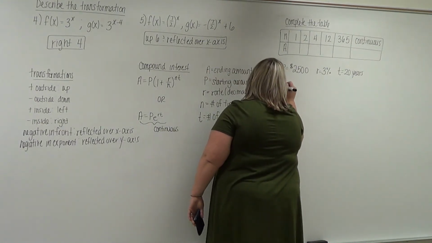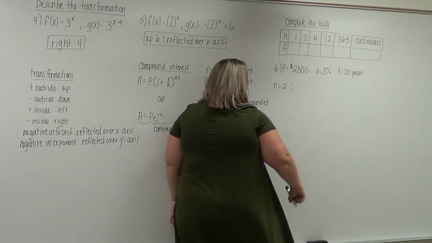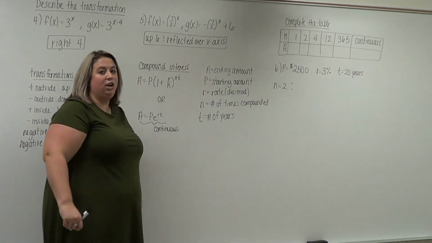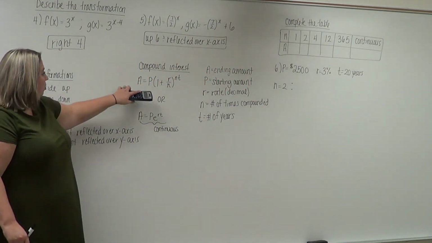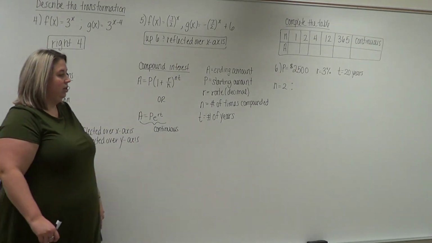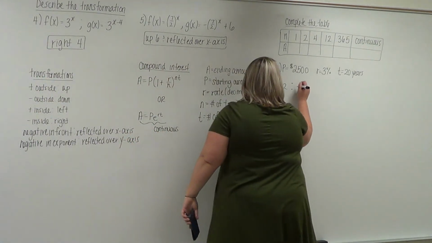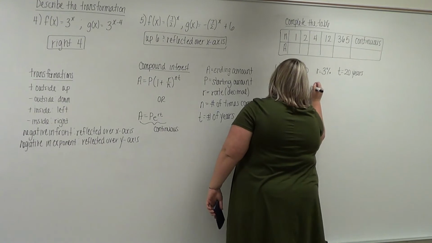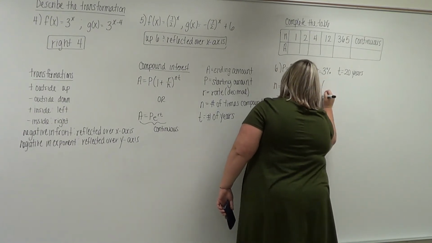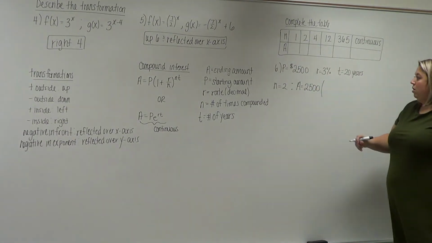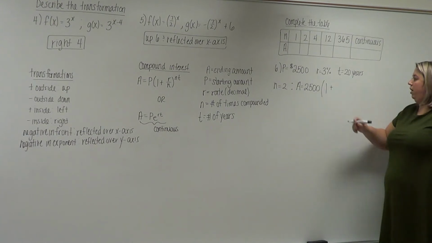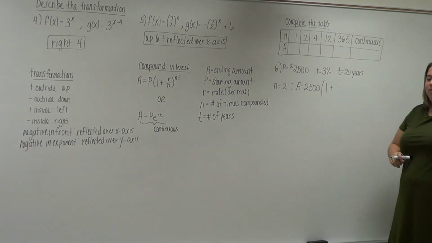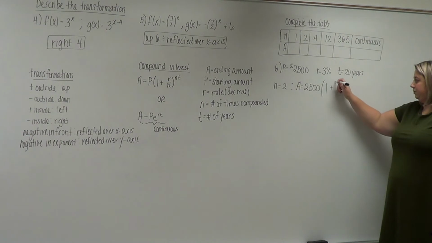2? Okay. So if I want to find N equals 2, I take everything I know. Since it's not continuous, we're going to plug it into this equation. So this would be A equals 2,500 times 1 plus 3%, 0.03.